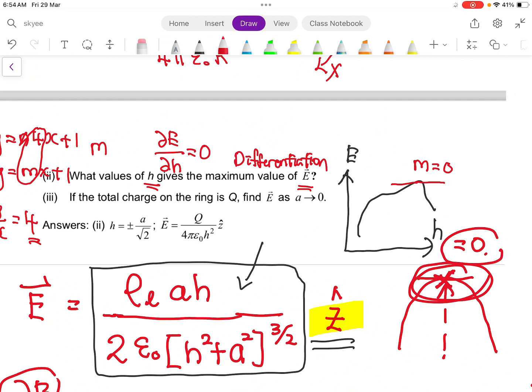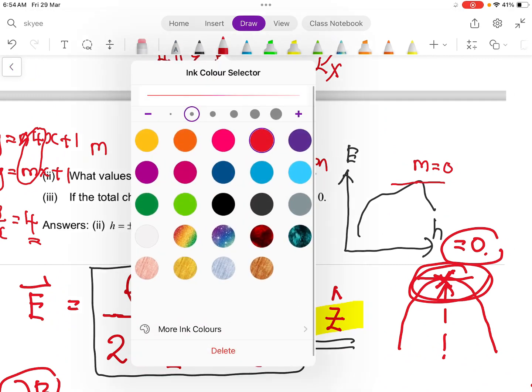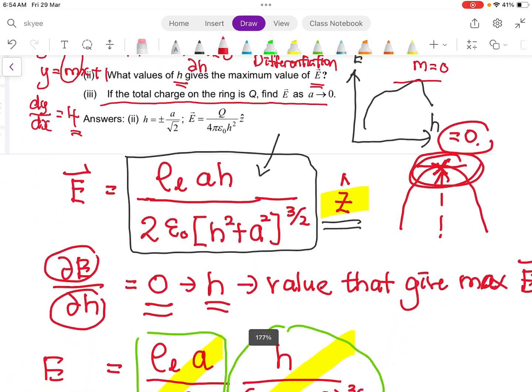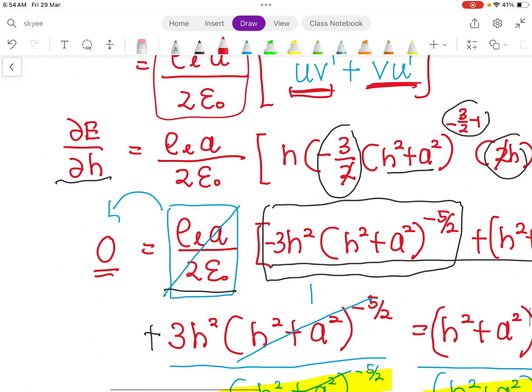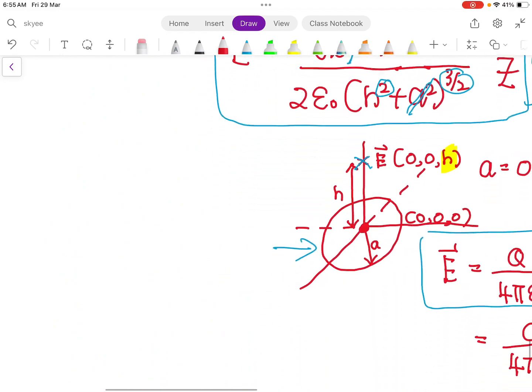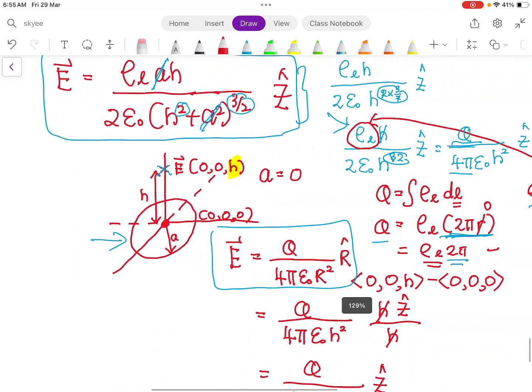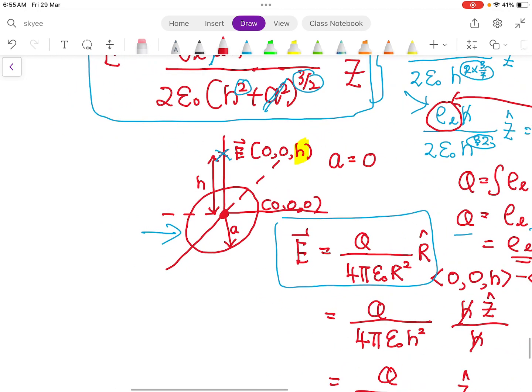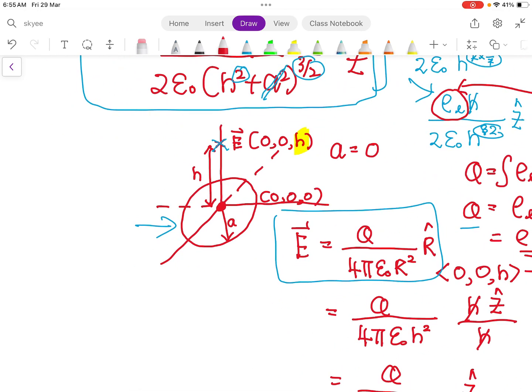If the total charge of the ring is Q, find the E as the a shrinks to 0. So this will be your ring.